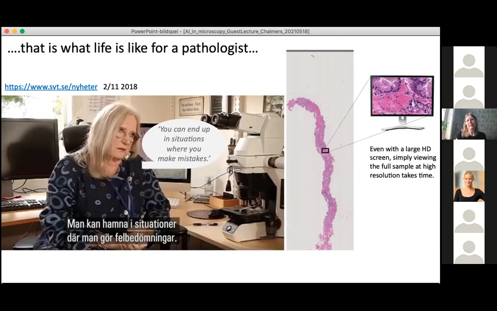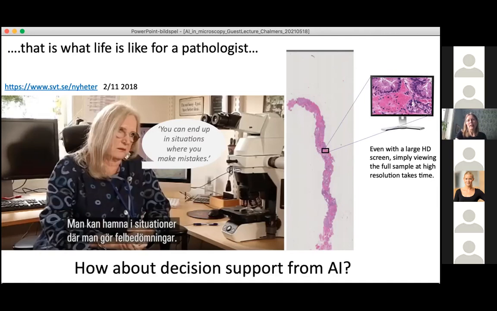And to find the malignant changes, you really need to zoom in, and you need a large high definition screen simply to view the full sample at high enough resolution to find these malignant changes. So this takes time, and this is where decision support or guidance by AI has become very, very popular.